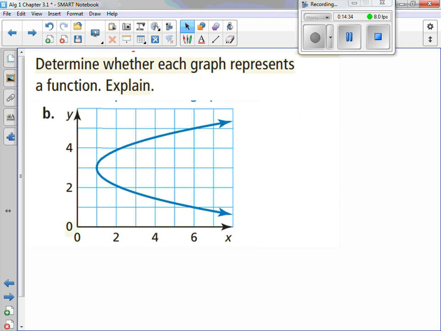What do we think with this one here? Yes, no, yes, no. Because if I draw a straight line, well, no, because it crosses more than once, yes? So this is not a function.